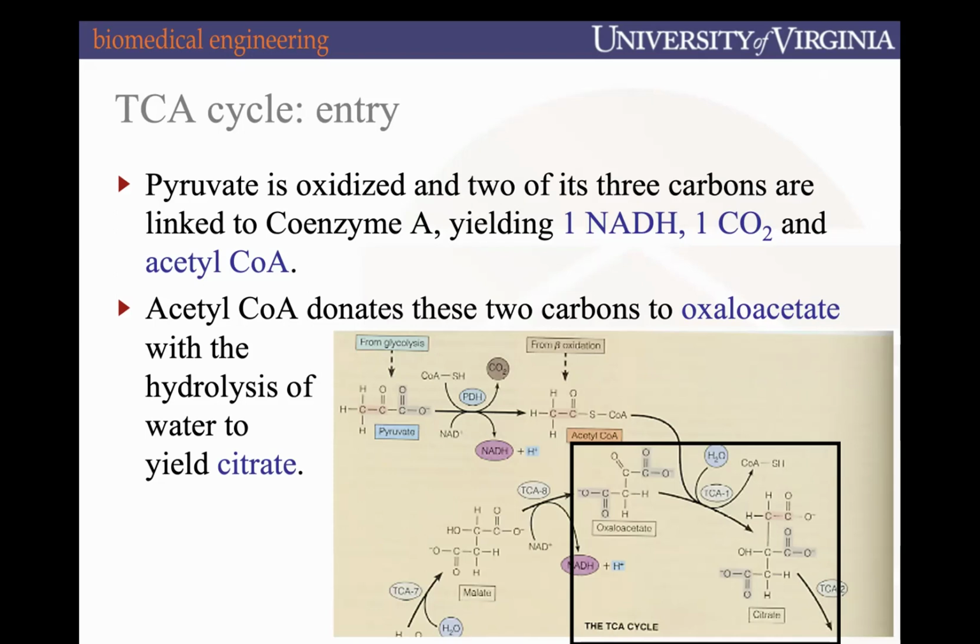Does that help clarify? If it doesn't make sense, that's okay. A simpler way to think about it is that you're separating the water molecule and using the constituent pieces to help form, with acetyl-CoA and oxaloacetate, citrate.